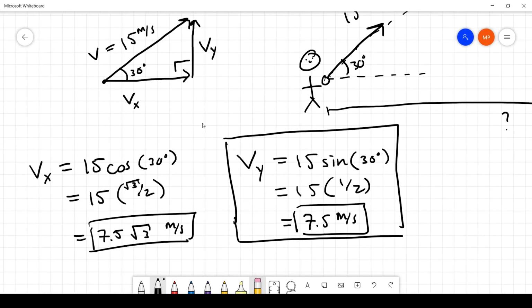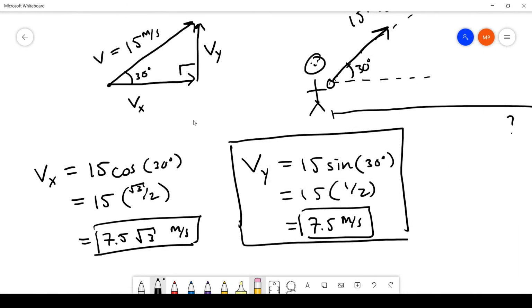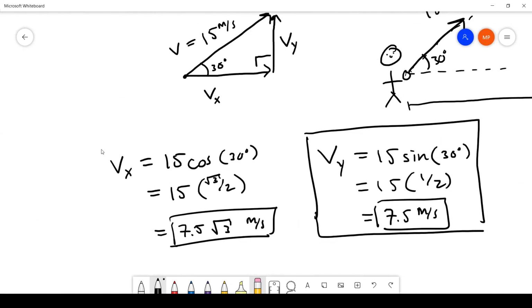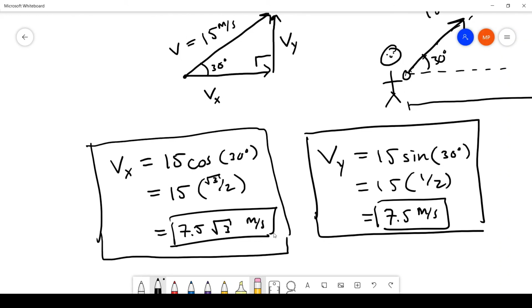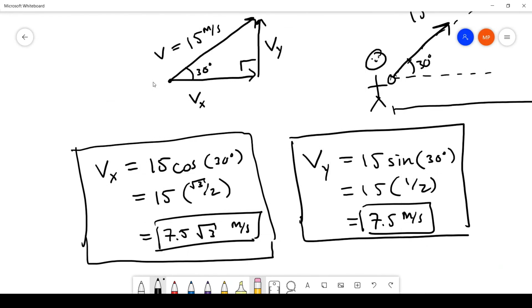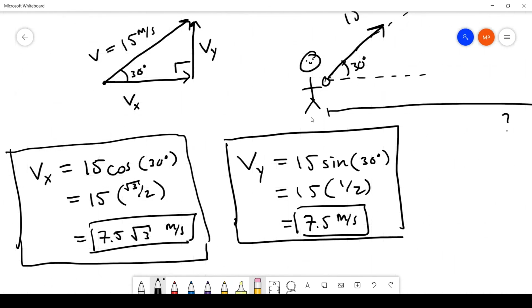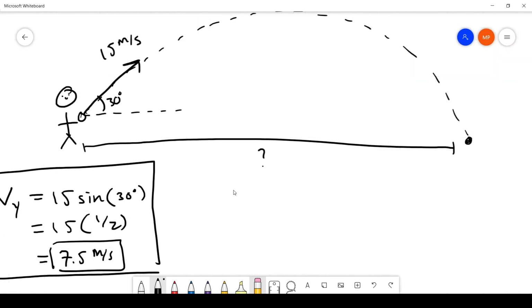And then once we figure out how much air time it has, we can see that gravity isn't going sideways, and so this sideways x component is just going to remain constant for the entire time that the ball is in the air, if we neglect air resistance, if we don't account for air resistance at all, and then we can see from that how far the ball goes.